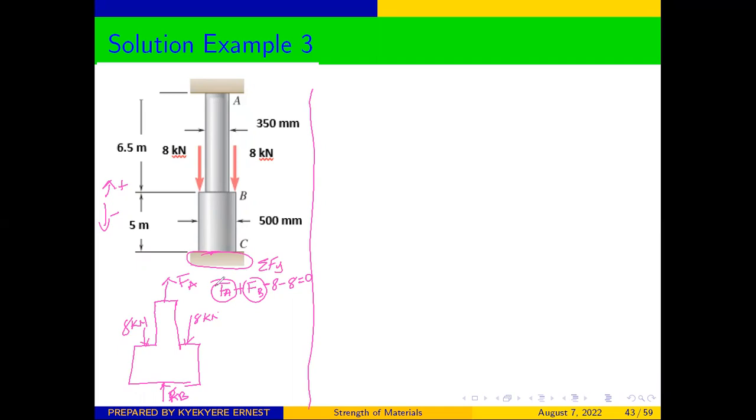So we say that this kind of problem is statically indeterminate because the number of unknowns, which is 2, is higher than the number of equations. Here we only have one equation and 2 unknowns. If you have two unknowns, you should have a minimum of 2 equations to be able to solve.